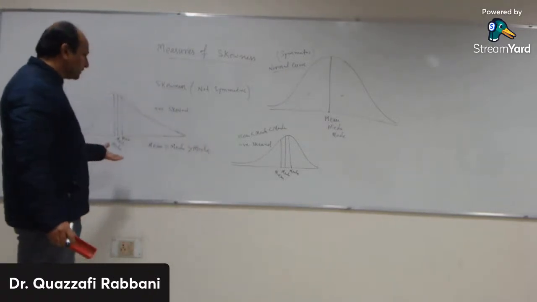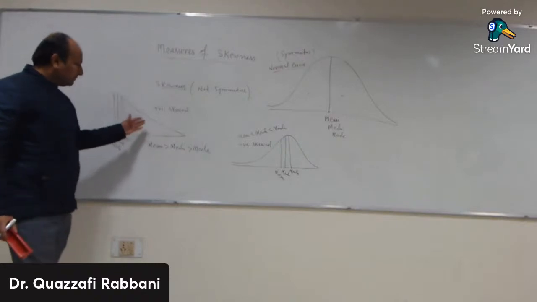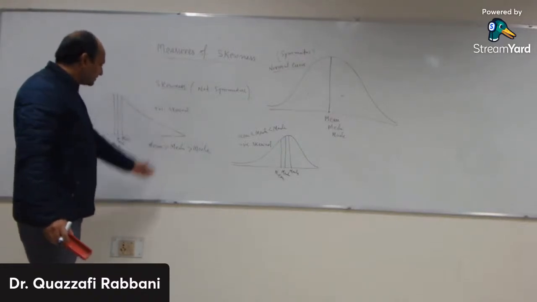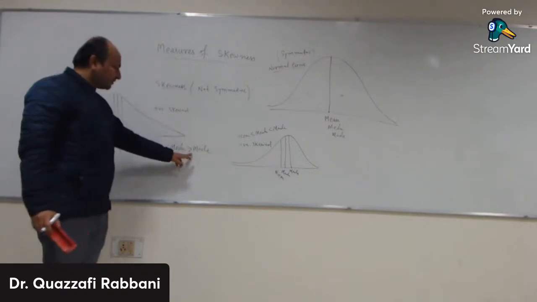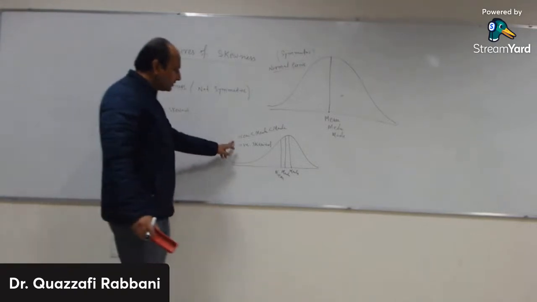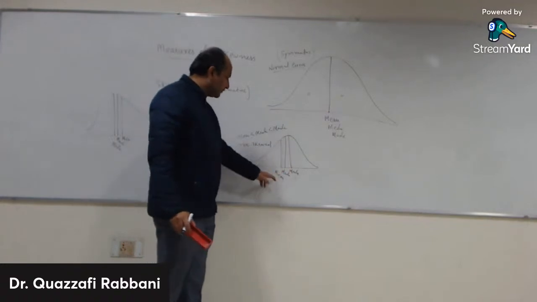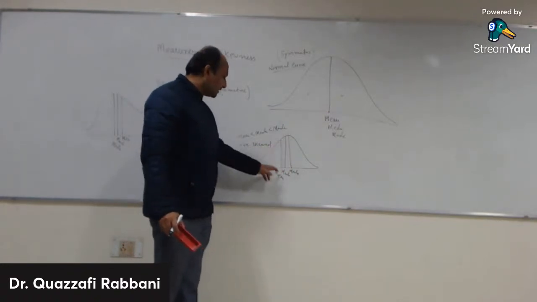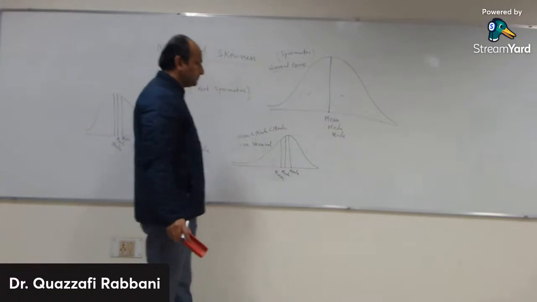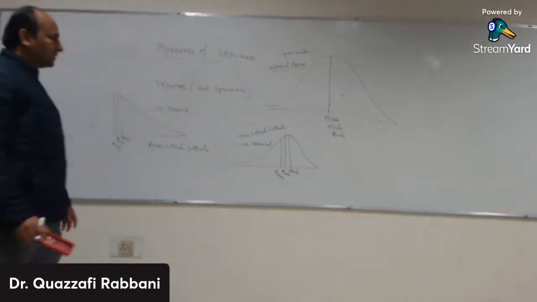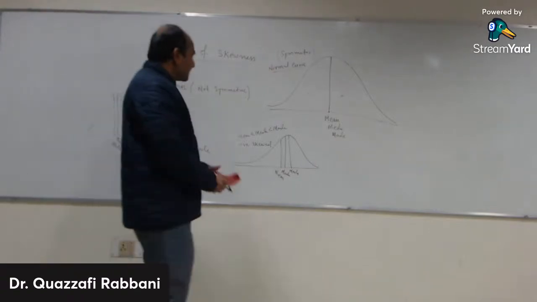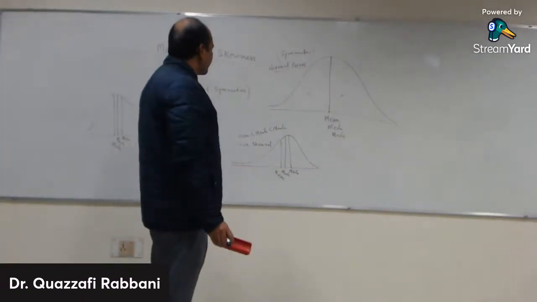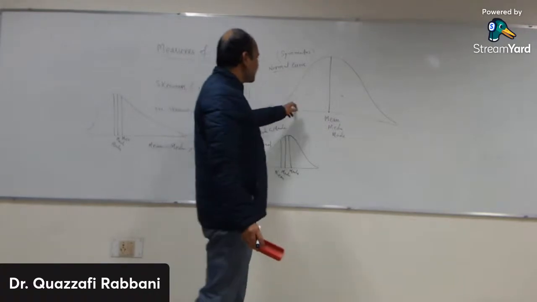In positive skewed, the long tail is on the right side, and the mean is greater than median, greater than mode. In negative skewed, the curve is like this, where the mean is less than median, less than mode. So this is an important curve, and we always use the curve like a normal curve.